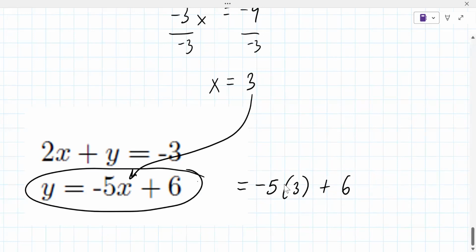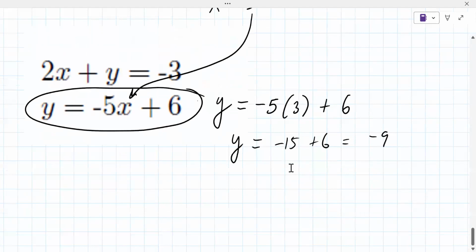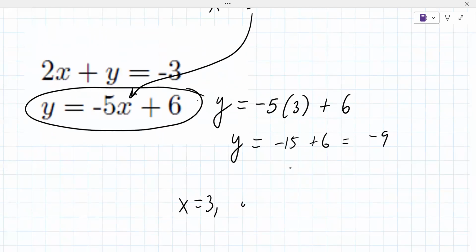What is -5 times 3? -15. -15 plus 6 is -9. So that's Y. Okay, so you've got X and Y. X is 3. Y is minus 9.